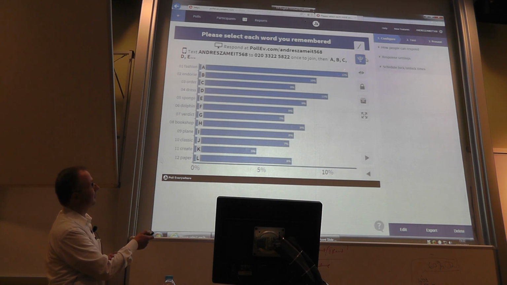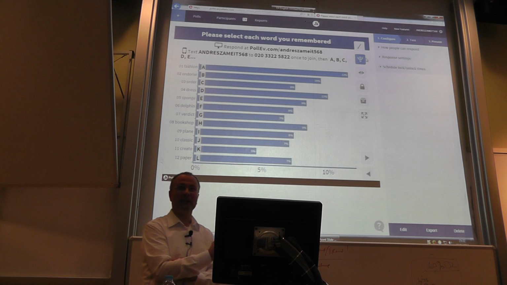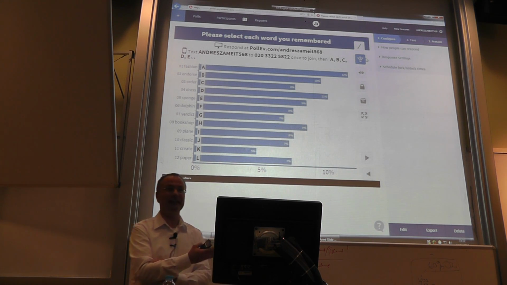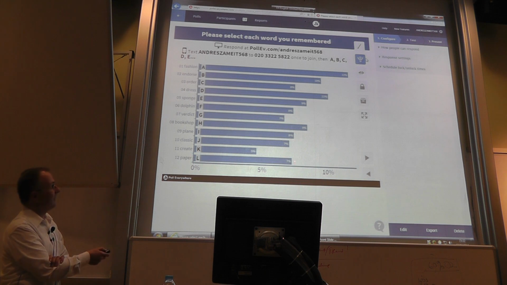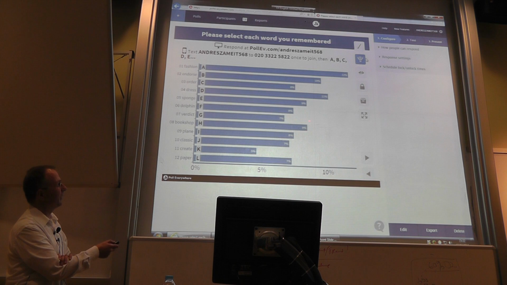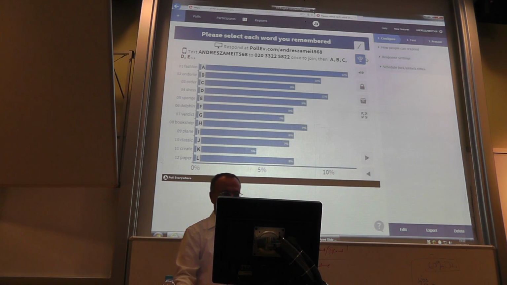The first word is the best one, and the second one is also quite high. Dress is still very high, maybe because we had a dress story in one of the previous lectures, and it was very highly stimulating for you in that sense. And the last one is at least much higher than the last but one, but not very much higher than the other ones. So often this is what happens.